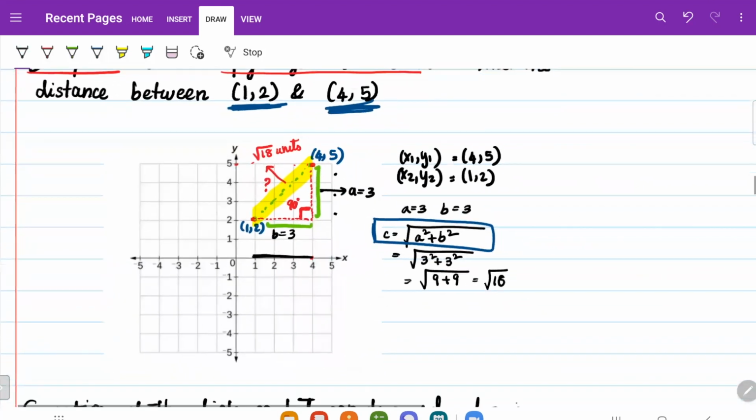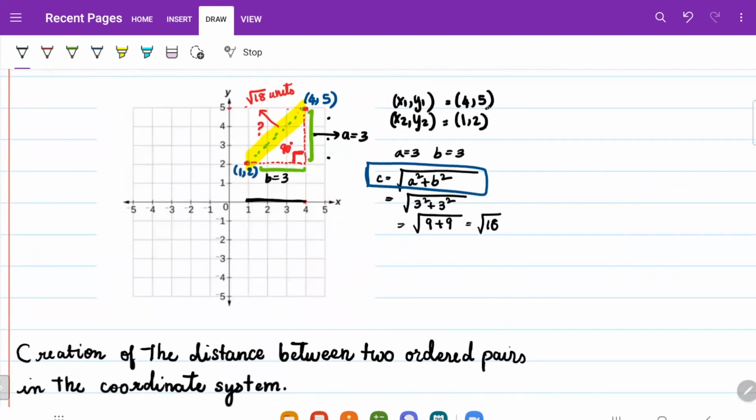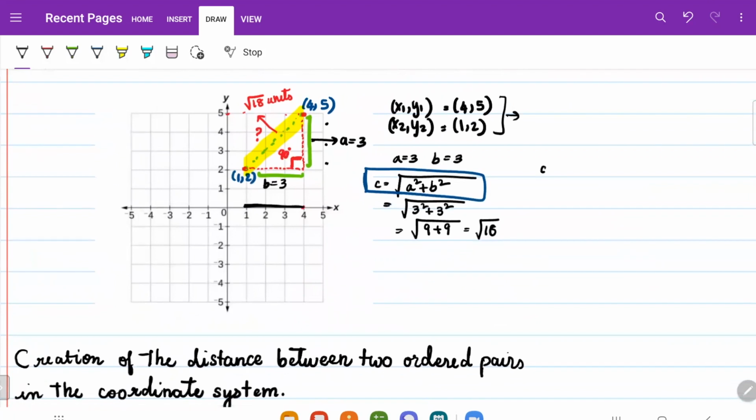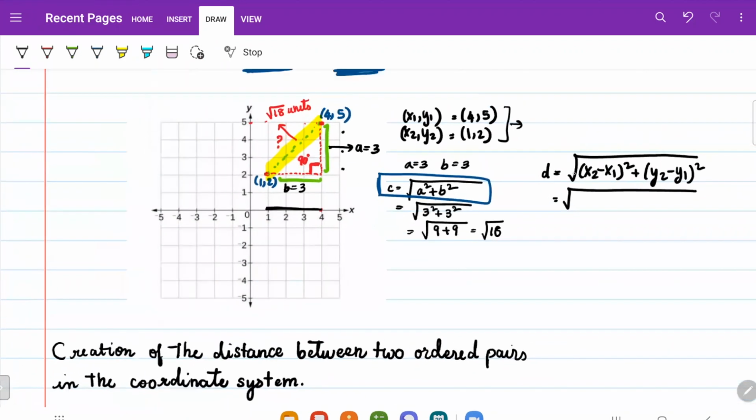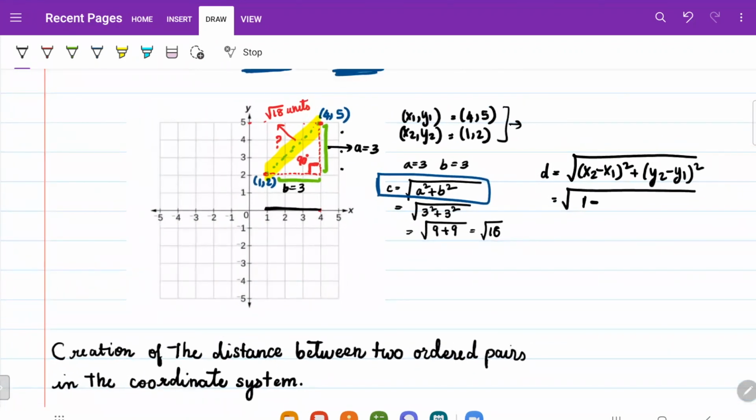Here again, we have x1, y1 as 4, 5, and x2, y2 as 1, 2. From our distance formula, we have d is square root of (x2 minus x1) whole square plus (y2 minus y1) whole square. Here x2 is 1, x1 is 4.